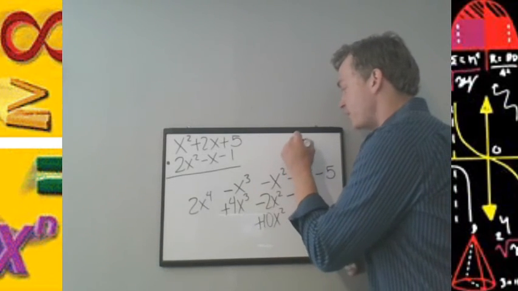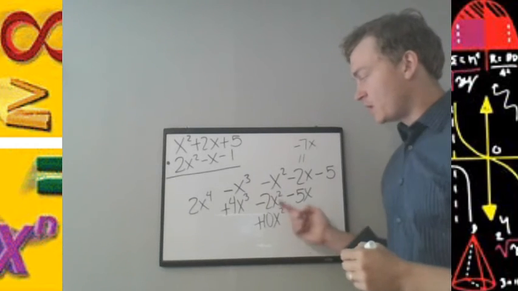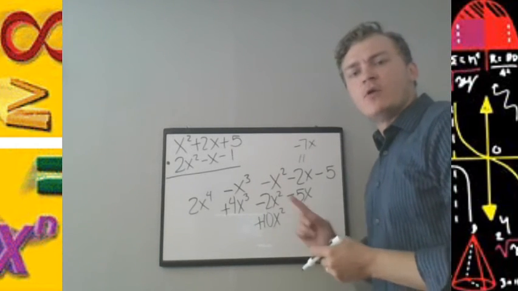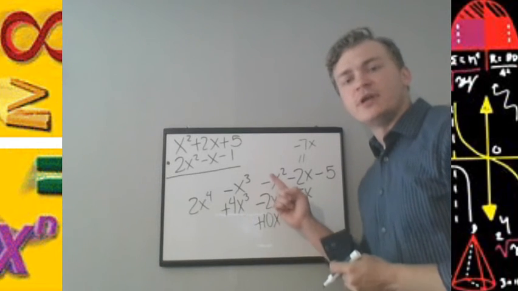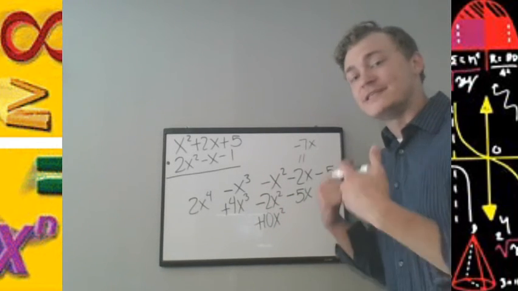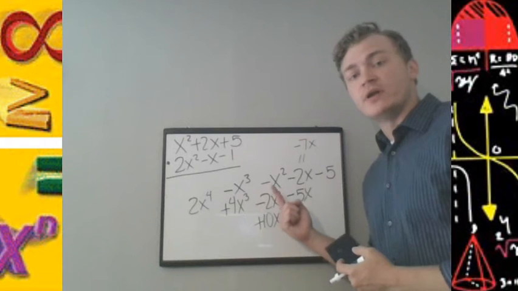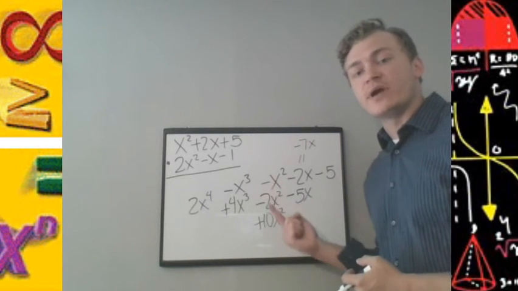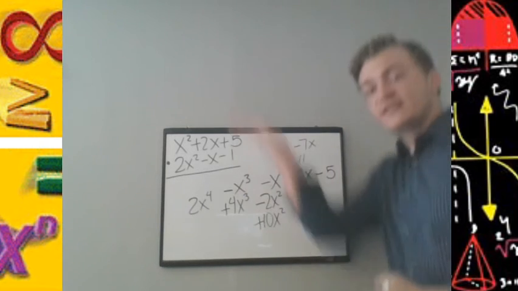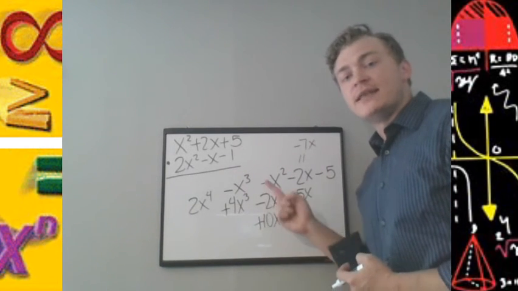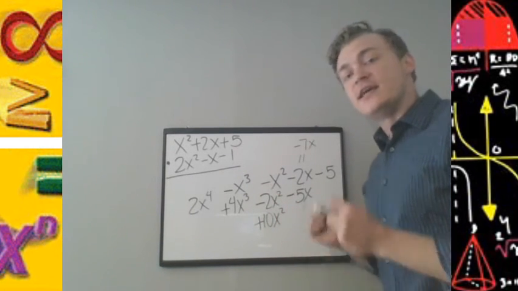So this equals minus 7x here. How many x squareds do we have? Well, here we have negative 1 combined with a negative 2. Negative 1 combined with negative 2 is negative 3x squared, but a negative 3x squared combined with a positive 10x squared, right? That positive 10 is going to shoot it back up in the positives. Negative 3 plus 10 is positive 7.